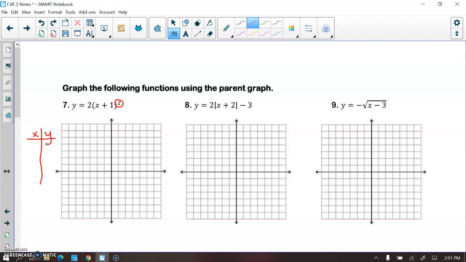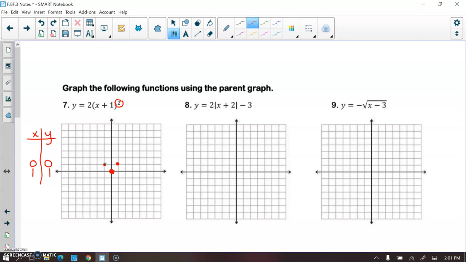One of your points, or the vertex of your U-shaped graph, is going to be at the point 0, 0. Another point on the parent function of a quadratic is going to be 1, 1. And a quadratic, or U-shaped graph, has symmetry, so we also have the point -1, 1.